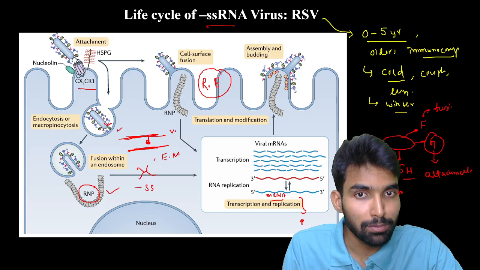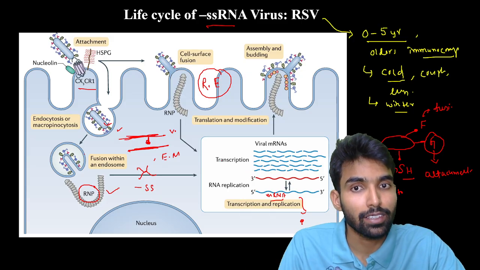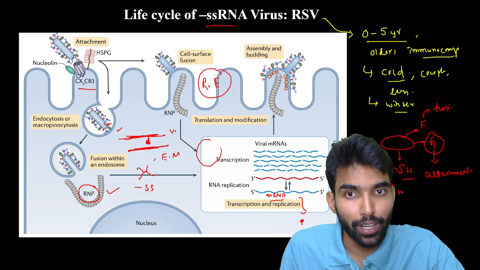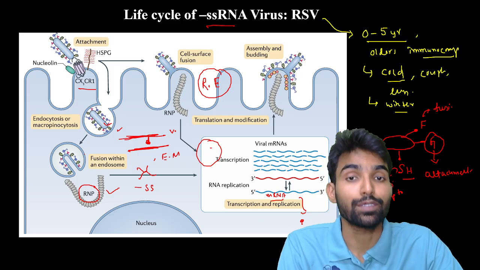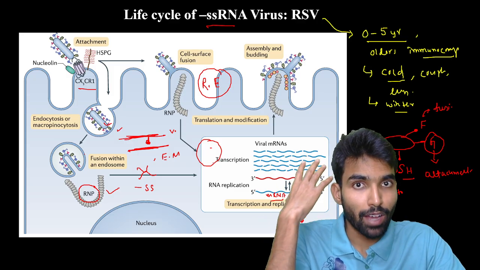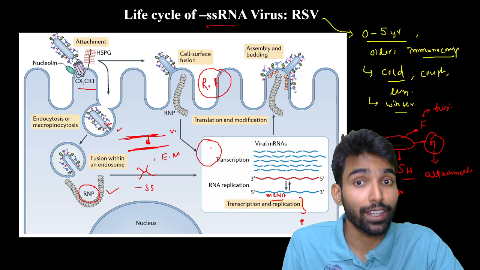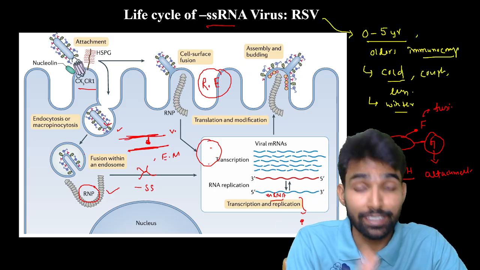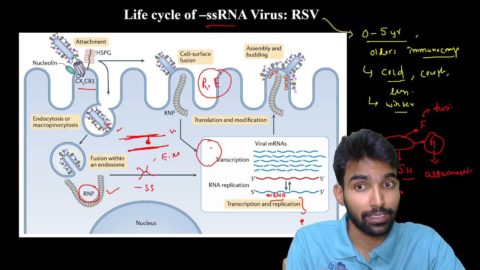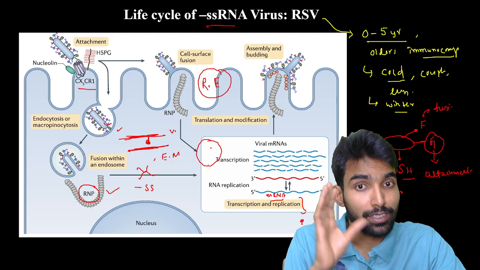Once the protein is made, the virus will make some kind of envelope-like structure or vesicle-like structure for its transcription. In case of RSV or most of the RNA viruses, remember the genomic material, that's the RNA, is not going inside the nucleus in most cases, but of course exceptions are there.